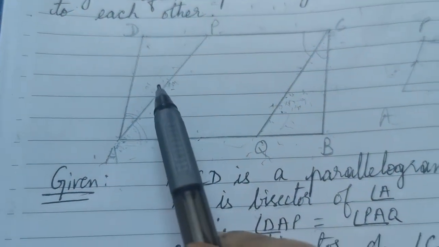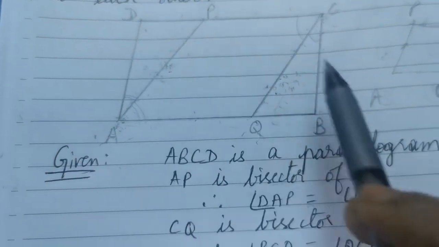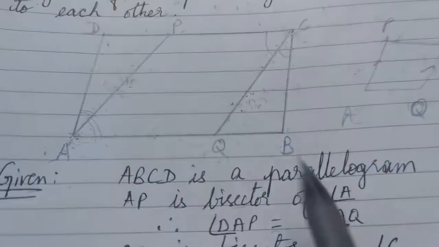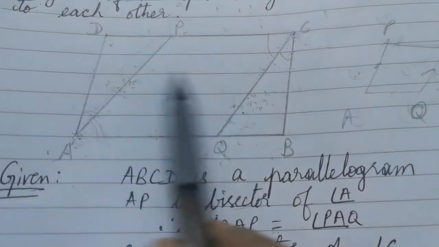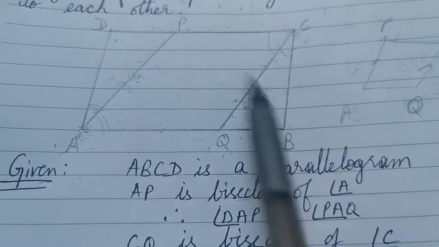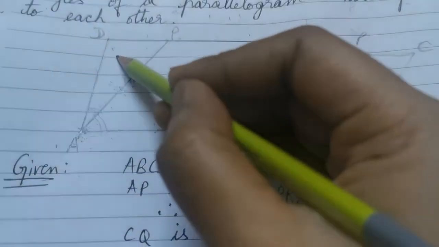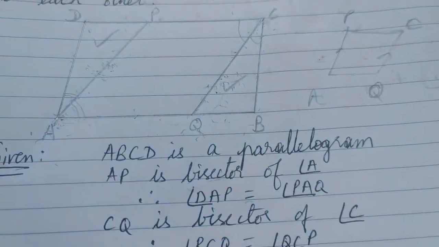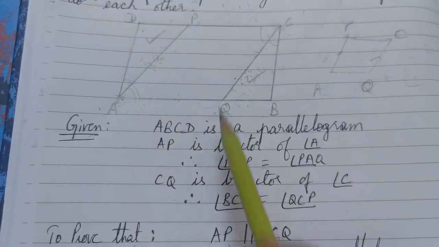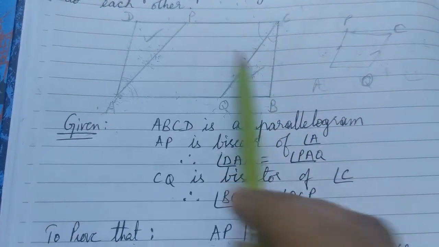So here I have AP in triangle DAP and CQ in triangle QBC. So I will compare these two triangles, DAP and BCQ, because I have my AP and CQ present in these two triangles.